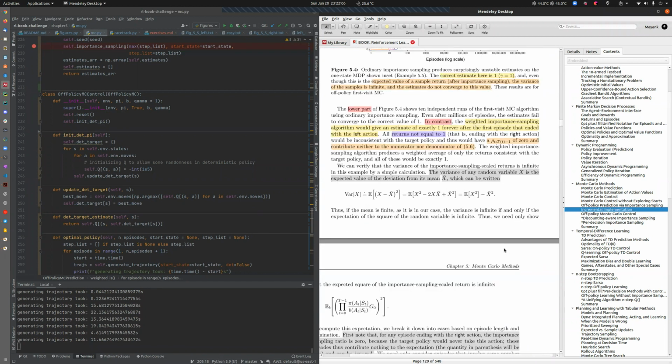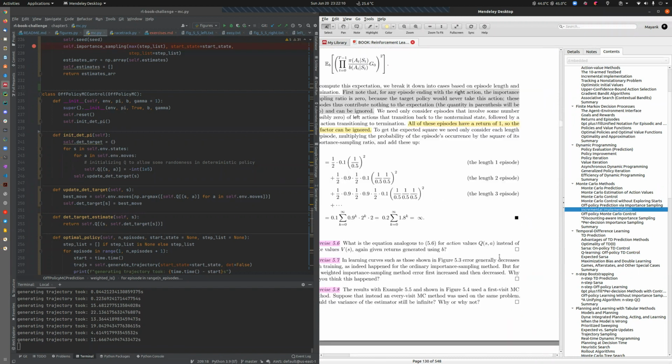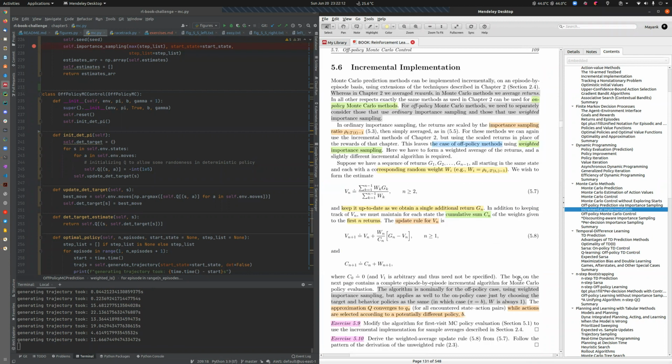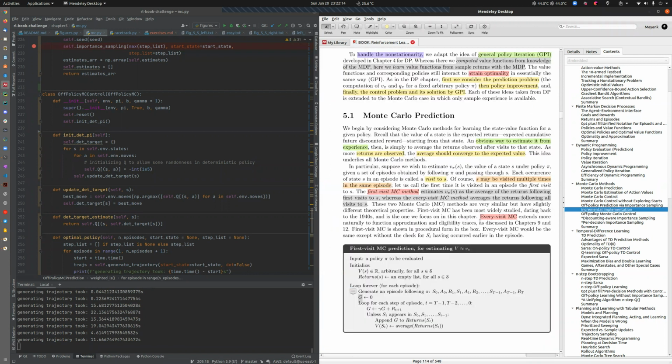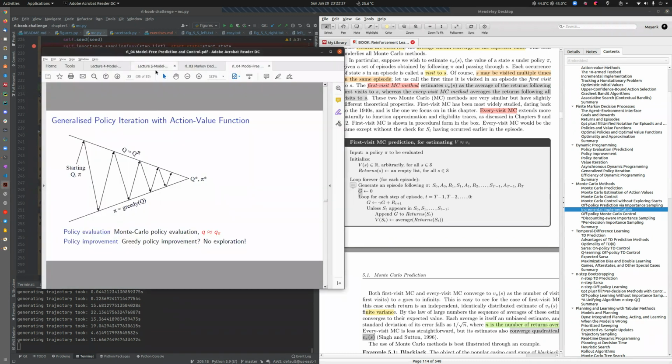Here in exercise 5.9, what this is trying to say is that we have to change this according to the incremental changes that we have seen.